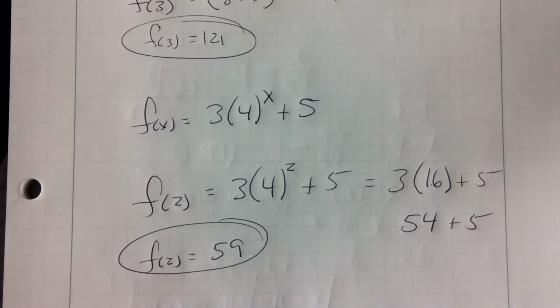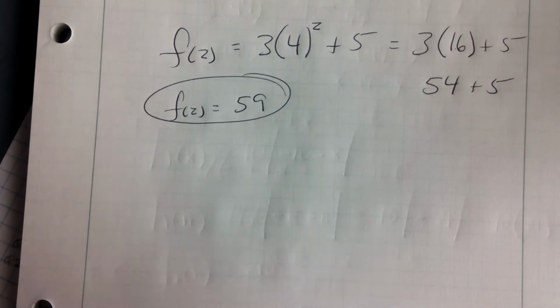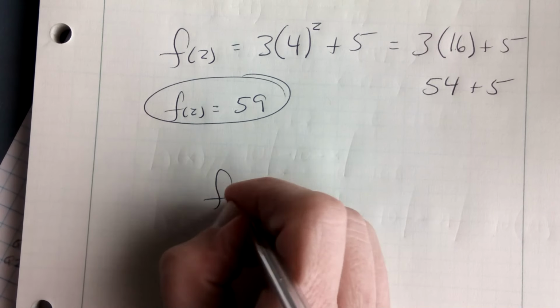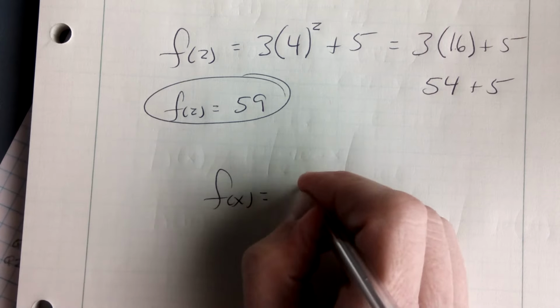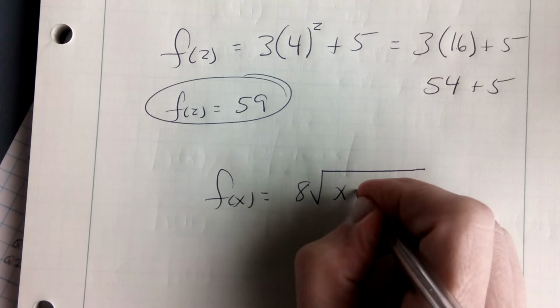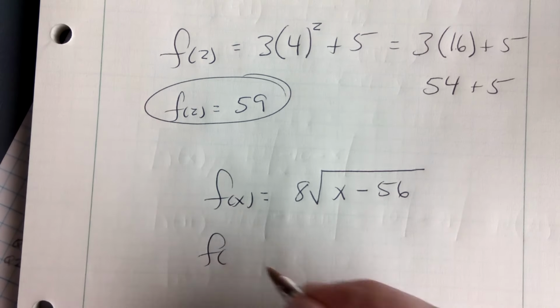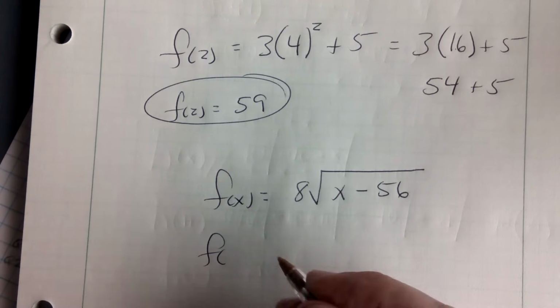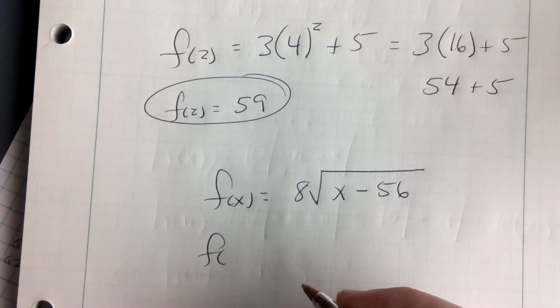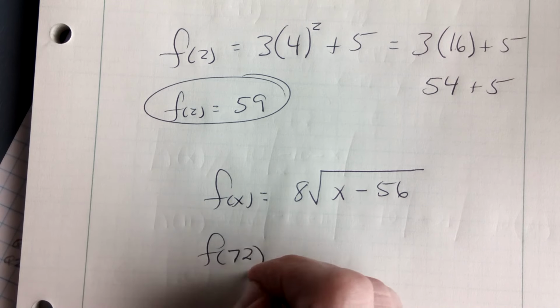Not very difficult. You might also get square roots. They might give you f of x equals 8 times the square root of x minus 56, and ask, what is f of 72?